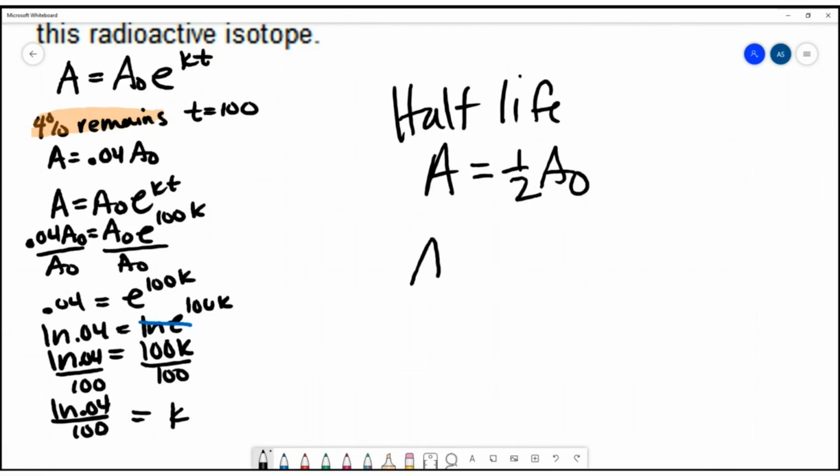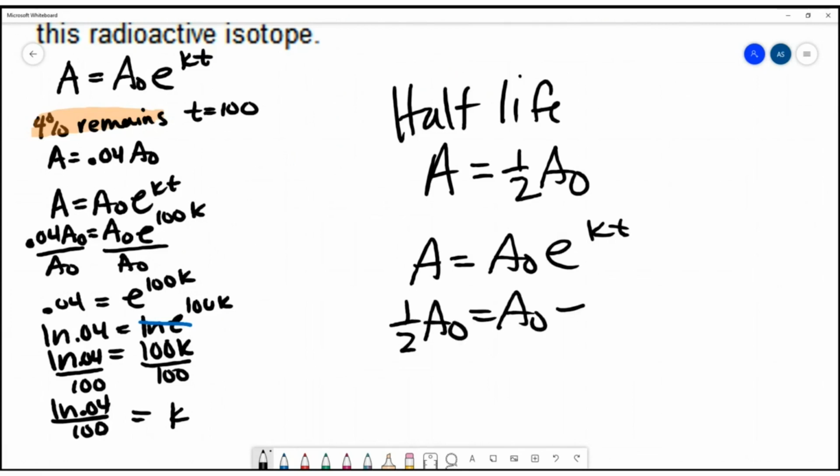So if I use that in my formula, A equals A naught e to the kt, I'll have half of the initial amount, and I'll substitute that k that we just found, natural log of 0.04 over 100, and I'm going to solve for that time, that missing time.